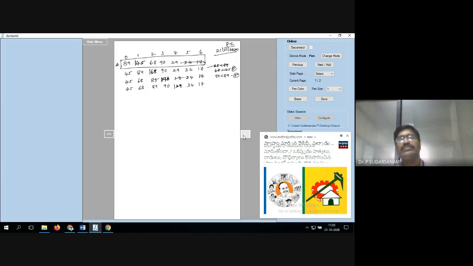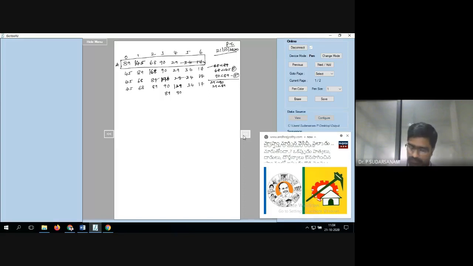Now you have to take 29 as the next element. When you are taking 29, 29 is less than 90. The condition is true, so 90 will be moved here. Next, 29 is less than 89, check it out. If this condition is also true, 89 should be moved here. That is the logic you have to write in the algorithm.